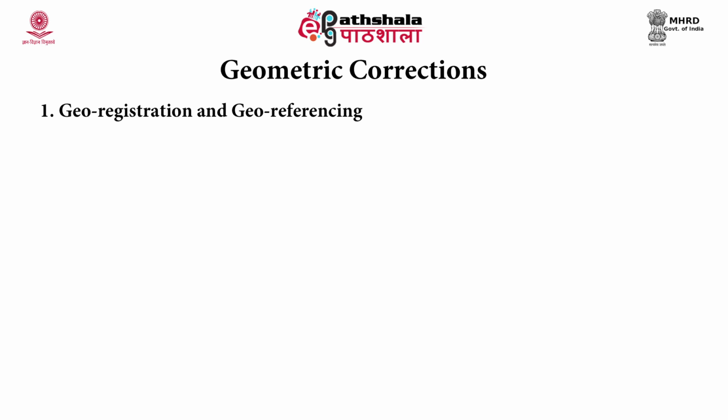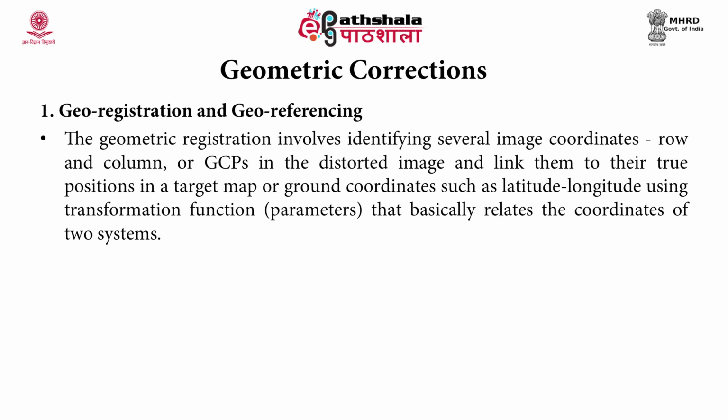The first step is georegistration and georeferencing. The geometric registration involves identifying several image coordinates, that is rows and columns, or GCPs in the distorted image, and linking them to the true positions in a target map or ground coordinates such as latitude and longitude, using a transformation function that basically relates the coordinates of two systems.